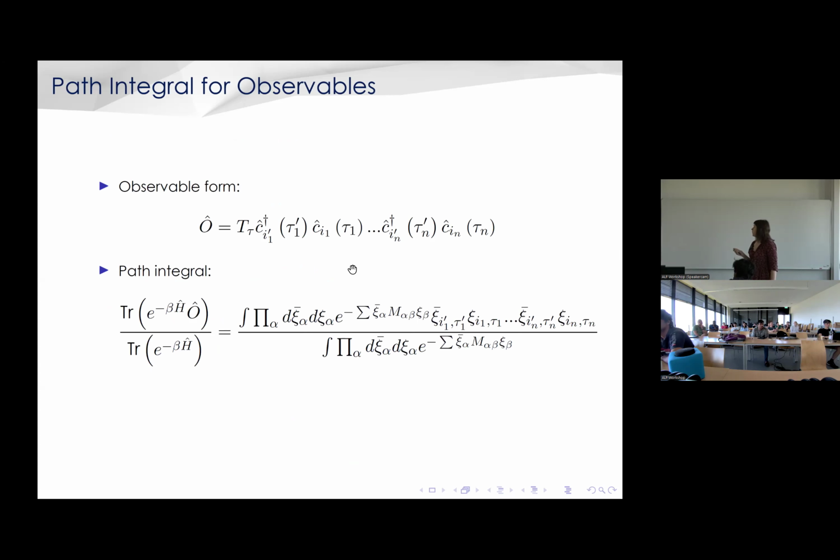And we can actually take this directly, and correspond the C daggers to psi bars, the C's to psi's. And so here they are with their space-time coordinates. And so in the path integral form, what we want to compute is this path integral.